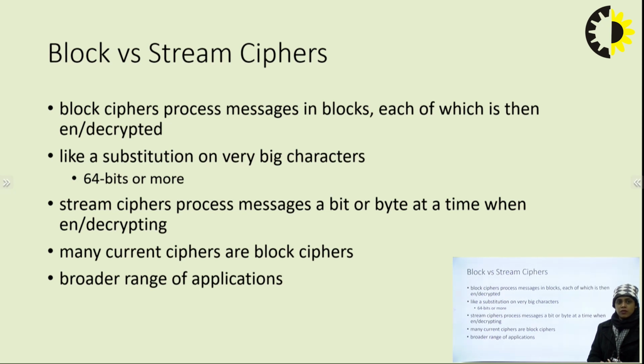The stream cipher processes messages a bit or byte at a time when encrypting or decrypting. So in block cipher we take a group of bits, and in stream cipher we process it one by one, bitwise. Many current ciphers are block ciphers. There is a broader range of applications available for the block cipher.